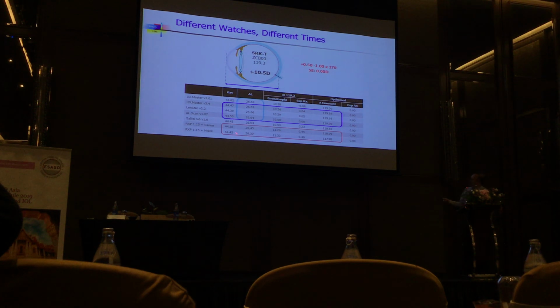If you look at ultrasound now, same model. We have 3 ultrasounds in the clinic. They go through, you can see they measure very differently. Okay? Of course, if you use different keratometer, it's going to be even more different.